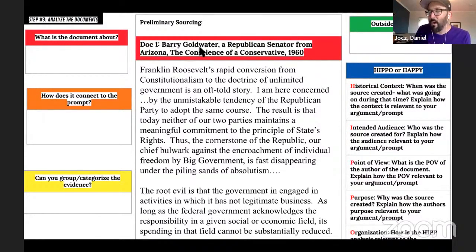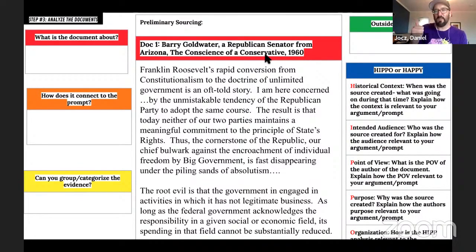It's Barry Goldwater. Chances are, most of you probably don't remember much about him, but maybe you do remember that he ran for president in 1964. Maybe you remember he lost, but you also may remember that he mobilizes a lot of conservative thinkers to this new Republican Party. At this point, he's a Republican senator from the state of Arizona, and he's writing some sort of book about the conscience or article of a conservative.